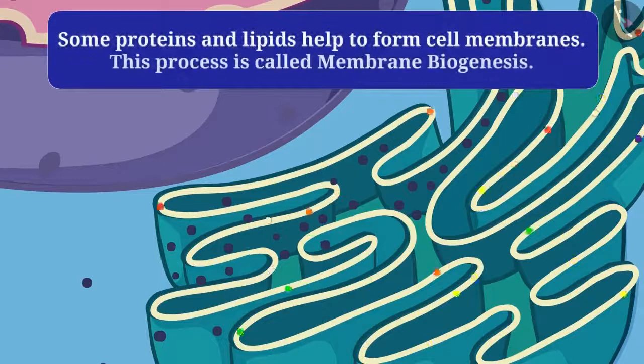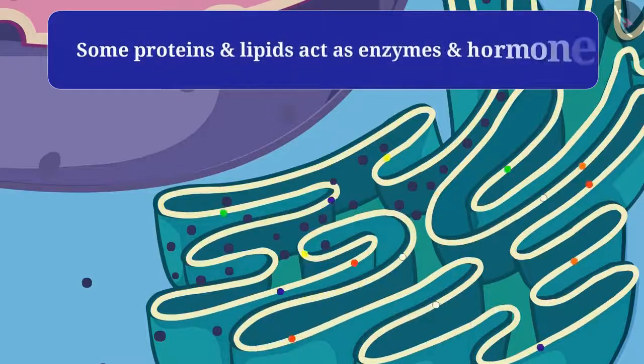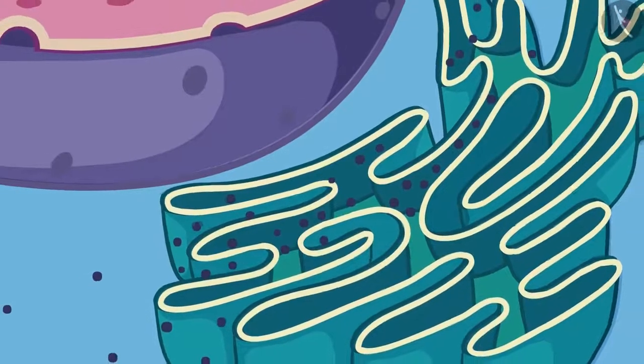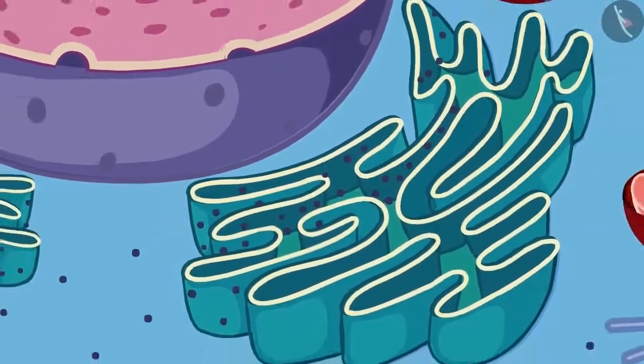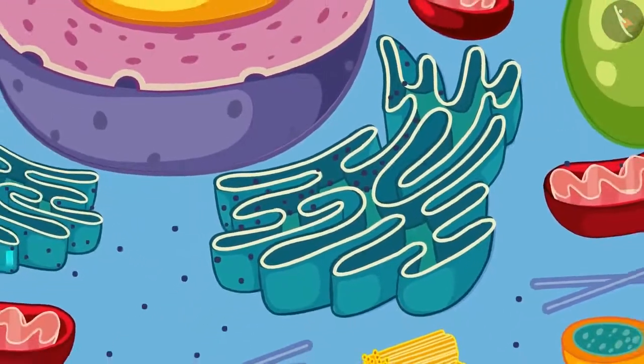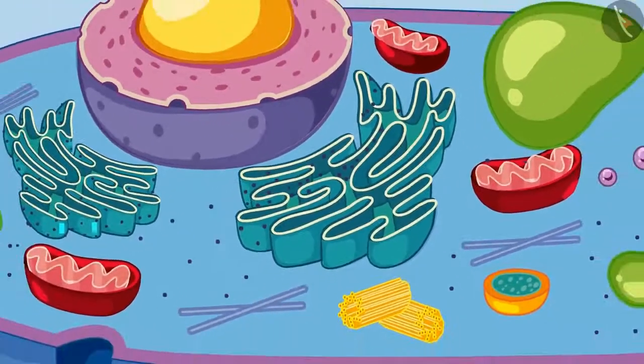Some proteins and lipids help to form cell membranes. This process is called membrane biogenesis. And some proteins and lipids act as enzymes and hormones. So friends, it's the endoplasmic reticulum that gives a way to synthesize basic biological molecules of the cell and move them to different parts of the cell.